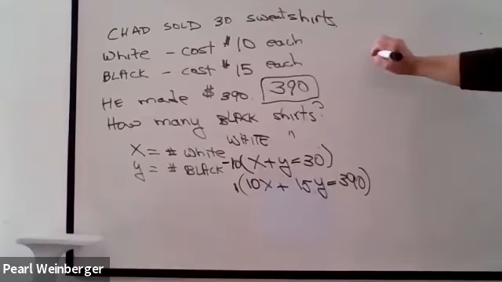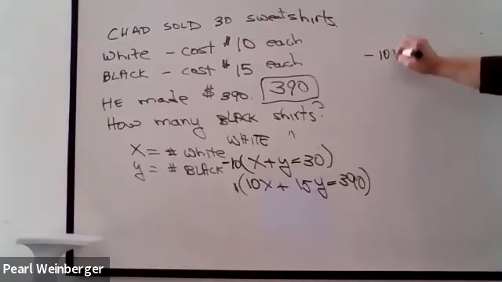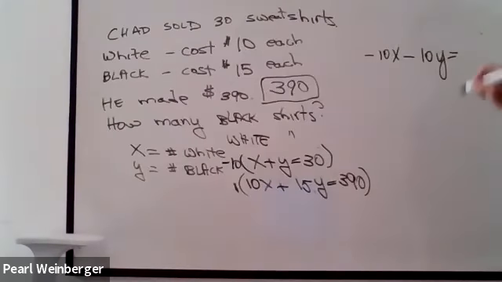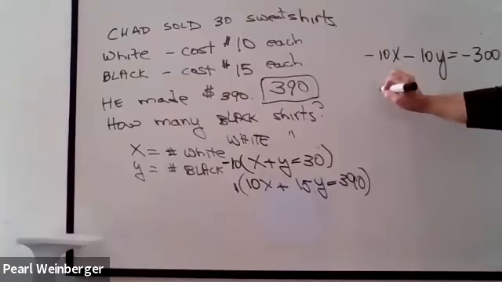So I got negative 10x plus 10y. Plus 10y? Is it 10y? Oh, minus 10y. Minus. Be very careful with those signs. Equals negative 300. Correct. And then plus 10x plus 15y equals 390. So the x crosses out.